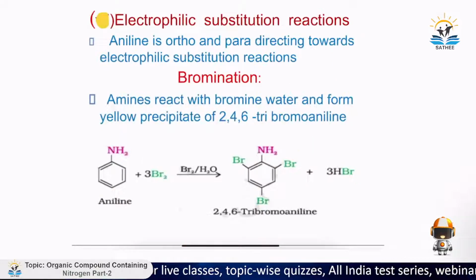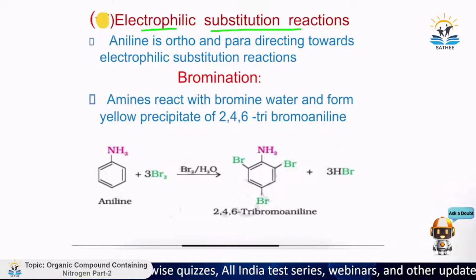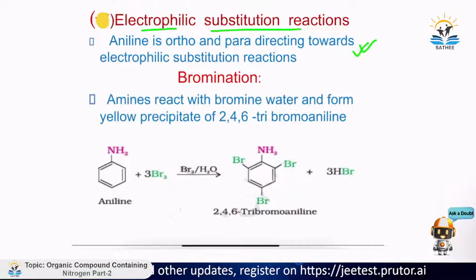So first of all, the chemical reaction which we are going to study now is electrophilic substitution reactions. Like we studied in haloalkanes and haloarenes, electrophilic substitution, similarly in aniline also we see electrophilic substitution reaction.